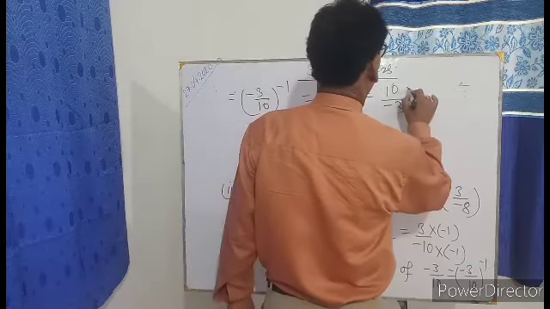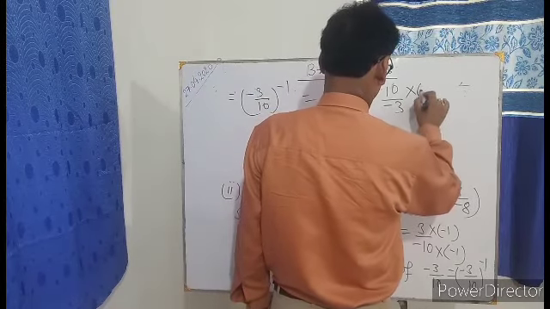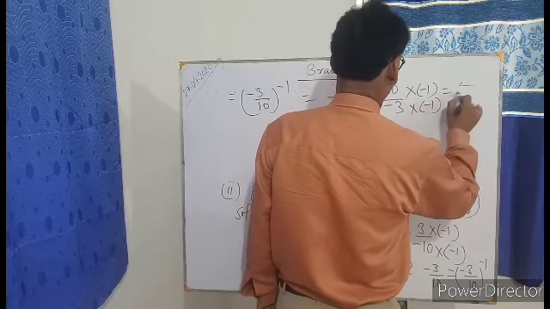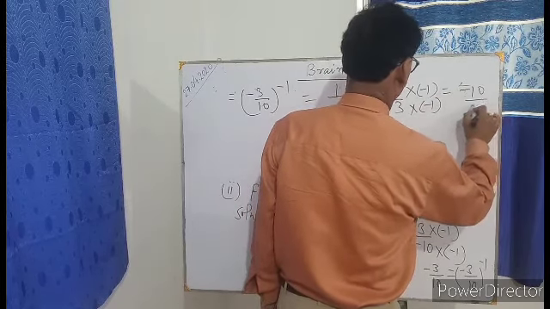Okay, again we will multiply it by minus 1 into minus 1, and we will get minus 10 by 3.